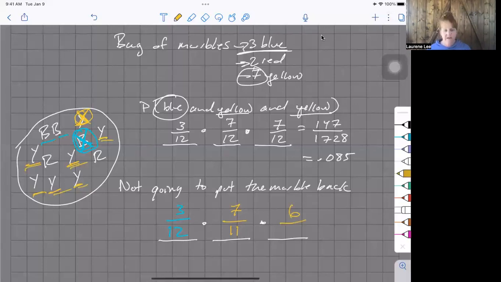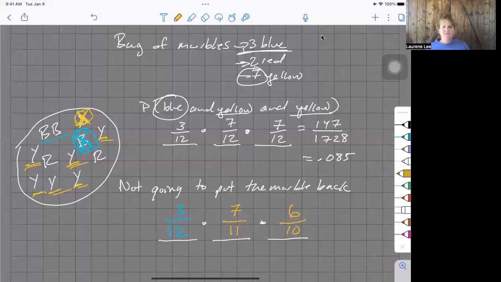Again, decreasing by 1 because I pulled the one out, and I've got 10. So the formula is the same. I'm still taking individual probabilities and multiplying them, but the totals are changing into different scenarios because in one I'm replacing and in one I'm not replacing the marbles.